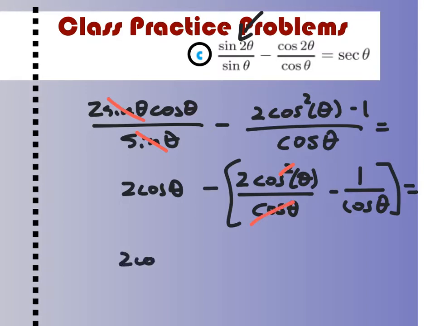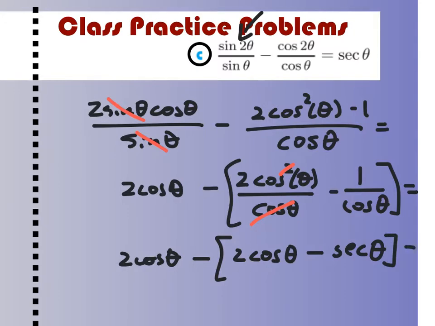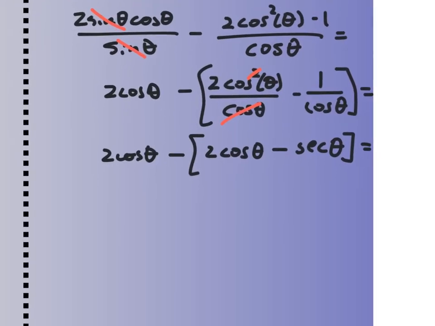So I got 2 cosine theta minus 2 cosine theta minus, and 1 over cosine theta is secant theta. When I simplify and distribute the negative, that cancels these two, but that negative also distributes there and makes that a positive secant theta, which is what we're looking for.